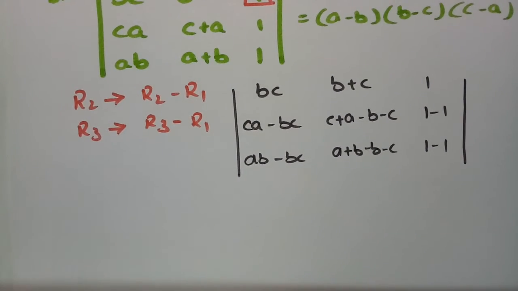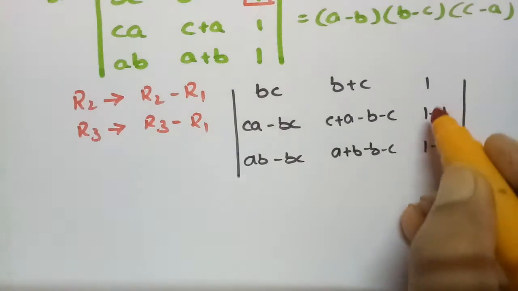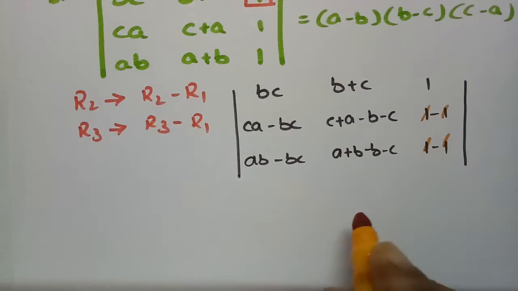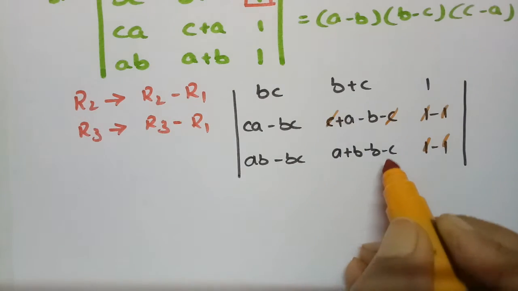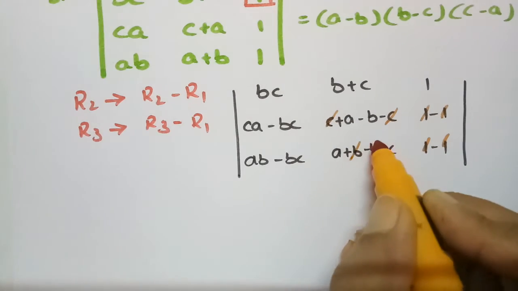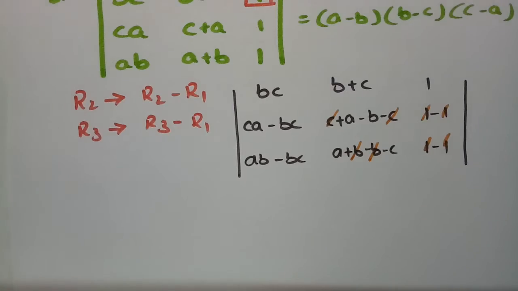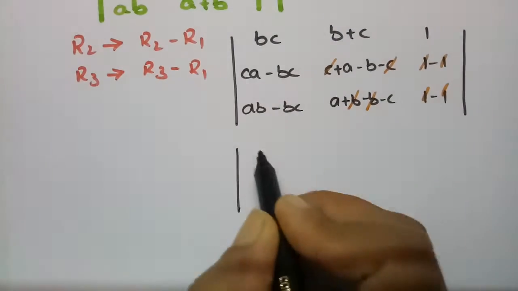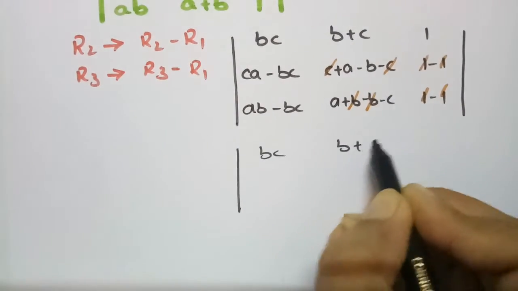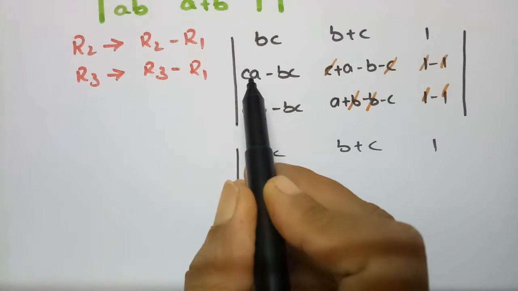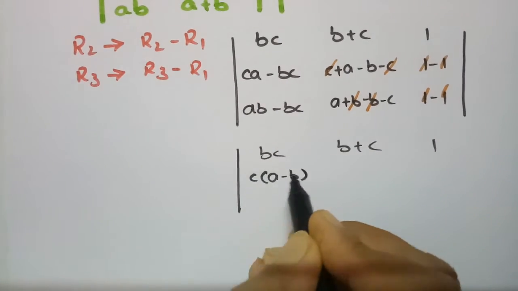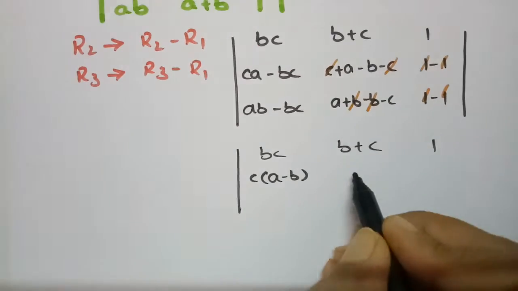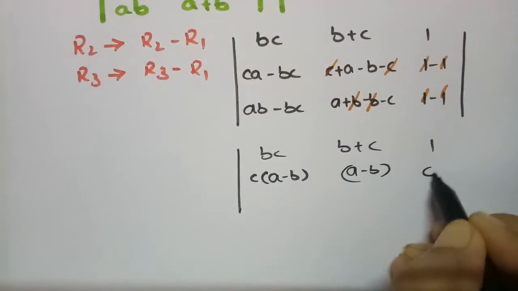If you observe properly, 1 minus 1 is 0, and we can cancel the plus C and minus C, and here also plus B and minus B. What remains is BC, B plus C, 1. From these two I'll take C common, so this will be A minus B, and this is 0.